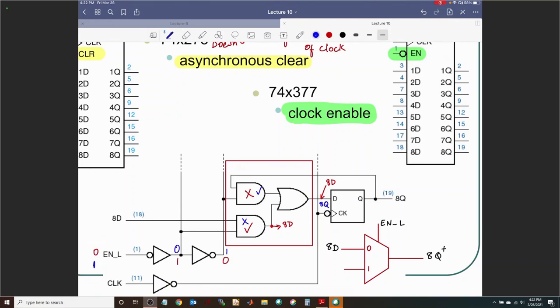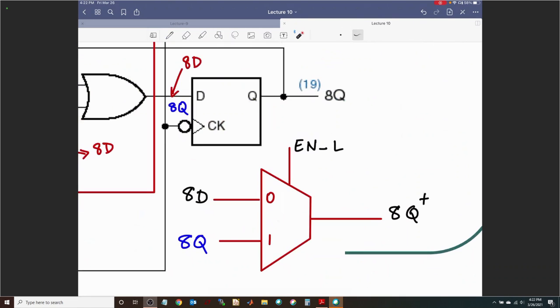Now think about this. If you enable your register, you can load new things into it. If you disable it, then whatever it was will continue to be the same. Hence, disabling the clock. You guys see that?